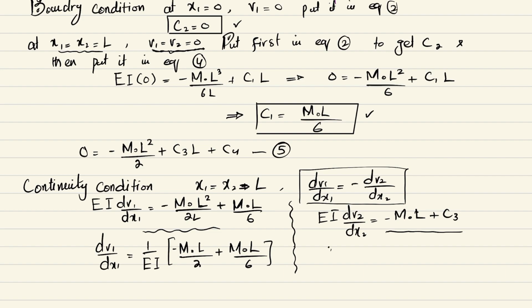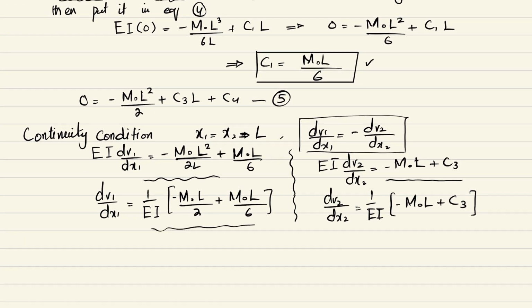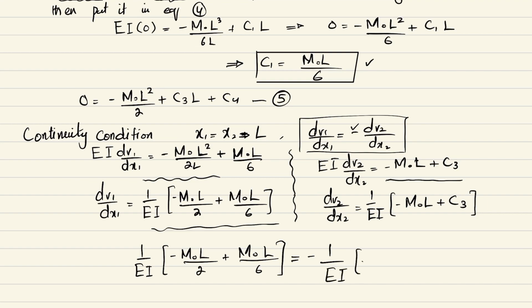Similarly, here you will get dv2 over dx2 is equal to 1 over EI into minus m naught into L plus C3. Now you can equate them. So 1 over EI into minus m naught L over 2 plus m naught L over 6 will be equal to minus 1 over EI, because there is a minus, into minus m naught L plus C3.